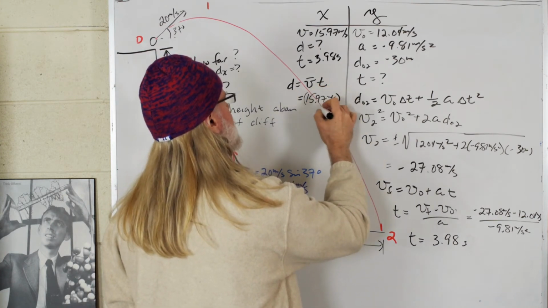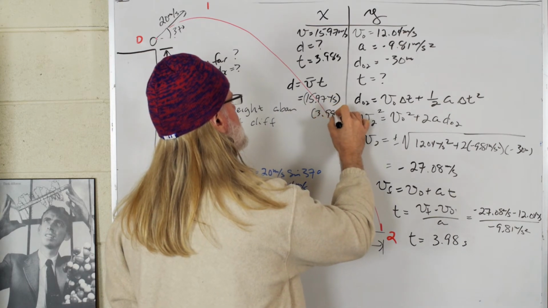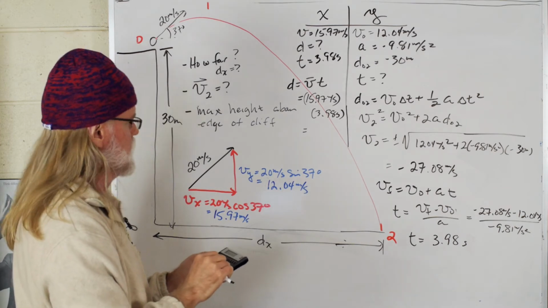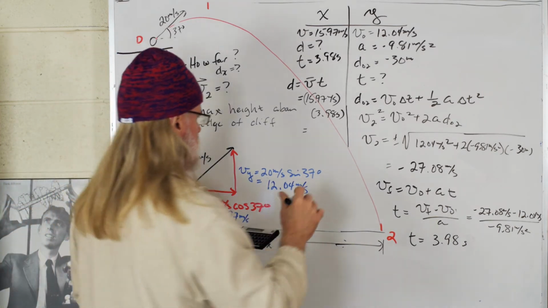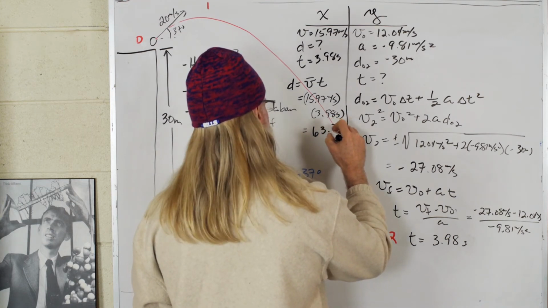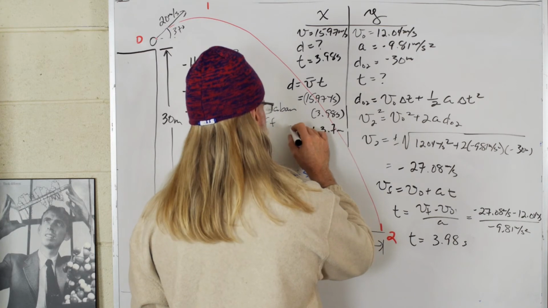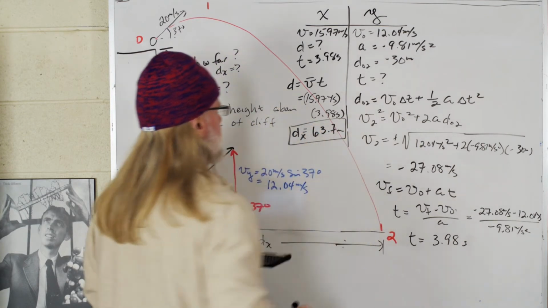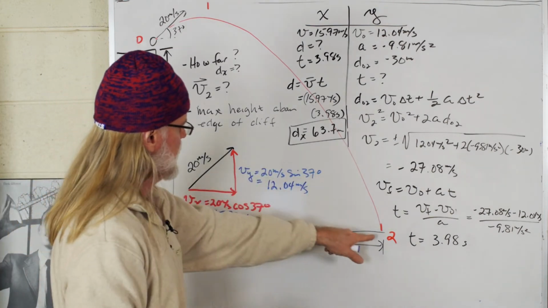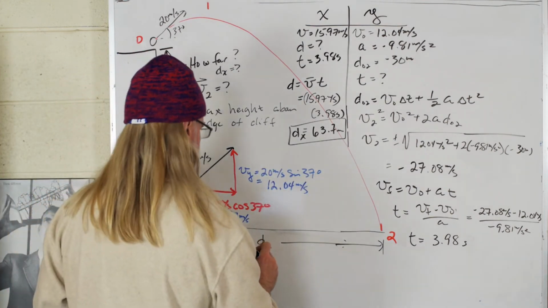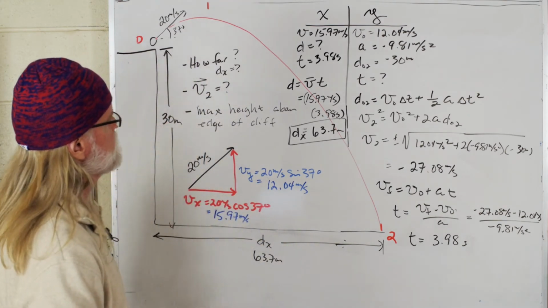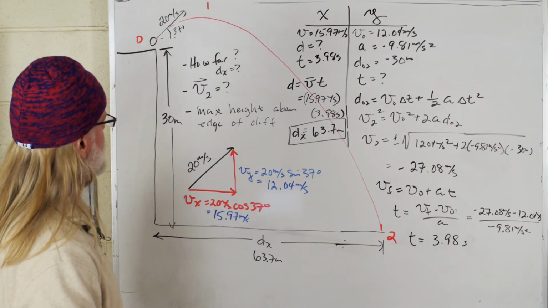Meters per second times 3.98 seconds equals 63.7 meters. All right, so that's how far. It's about 64 meters. So it's going to land at 63.7 meters.